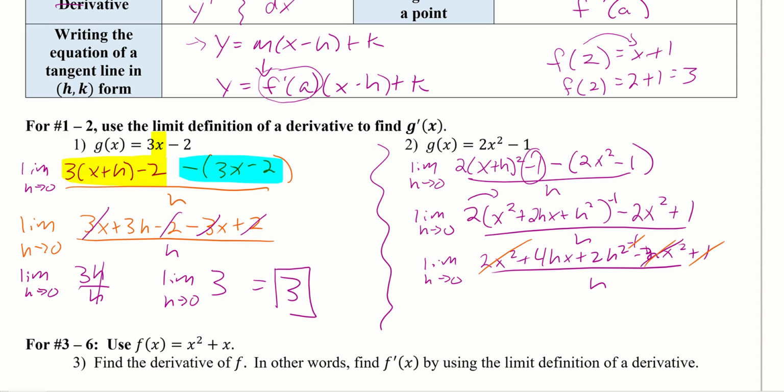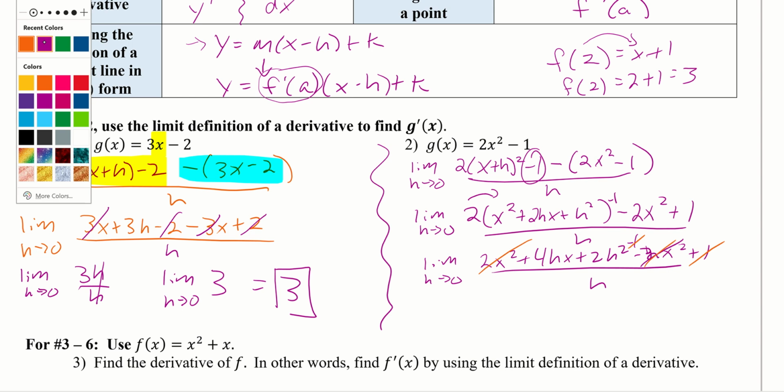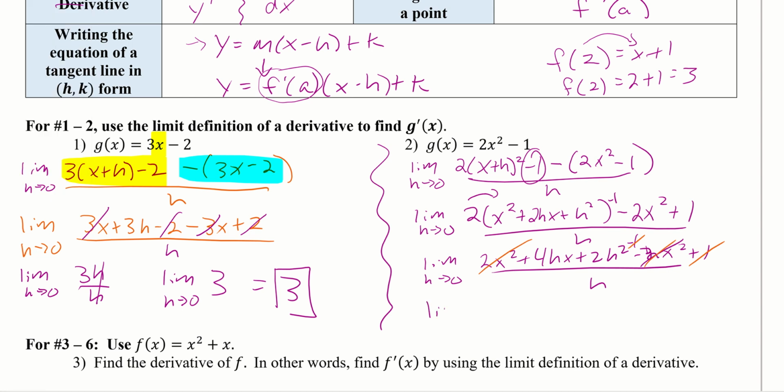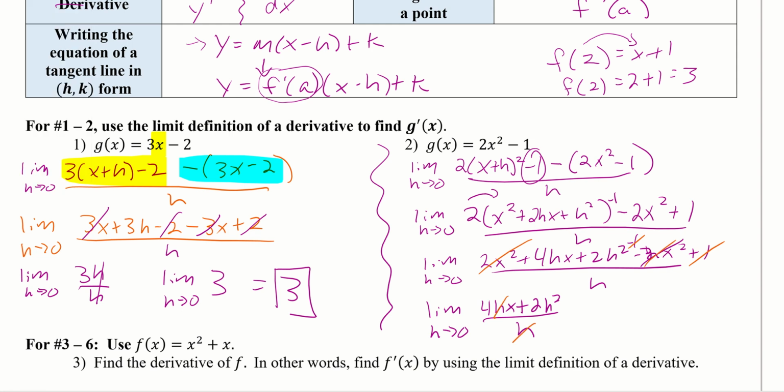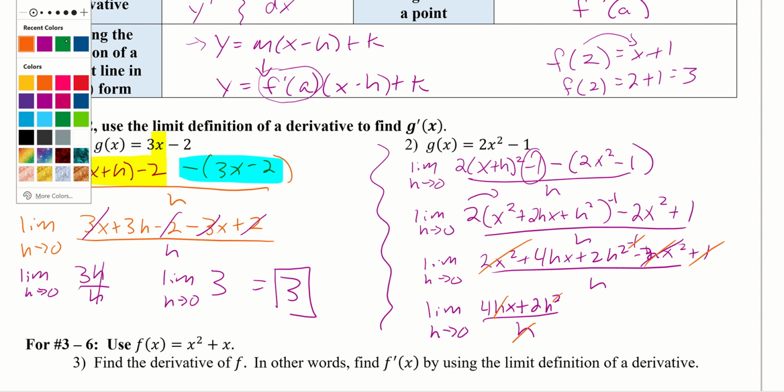Cool. And so now the limit, after I've canceled those out, h goes to 0. I'm left with 4hx plus 2h squared, and that's it, all over h. If you notice, they all have h in common, so I'm going to cancel 1h out in every one. They all have to have it in common. They should at this point.